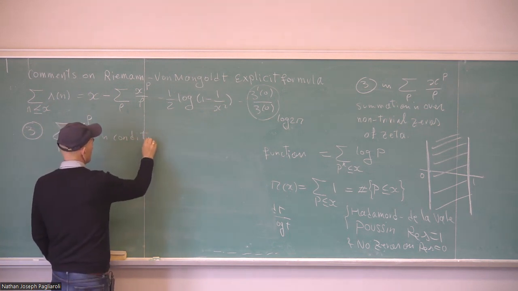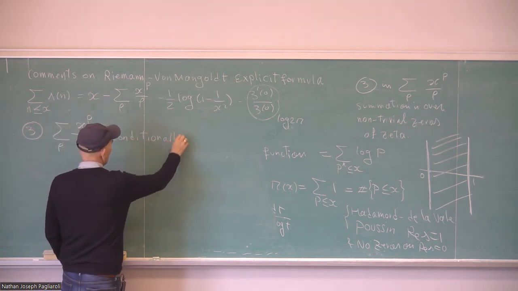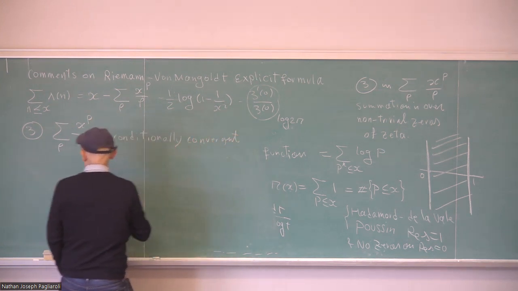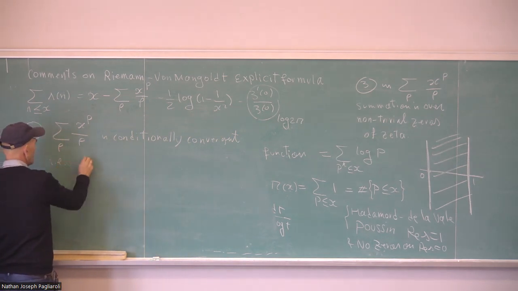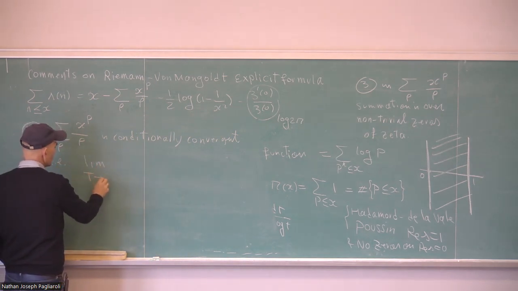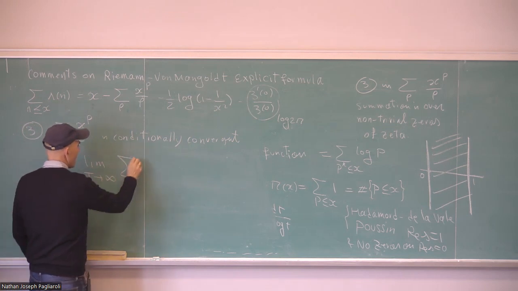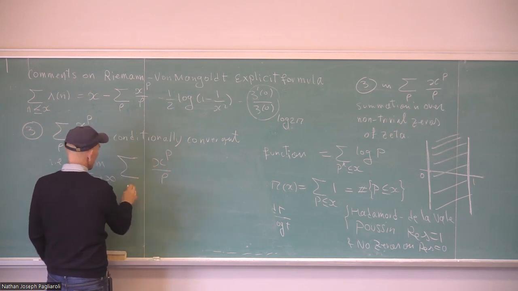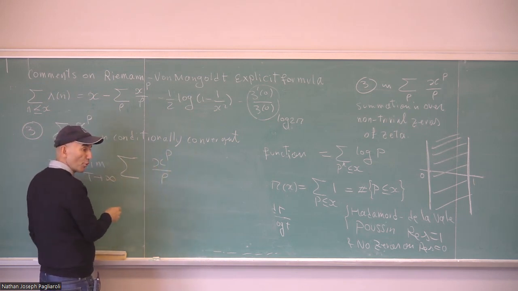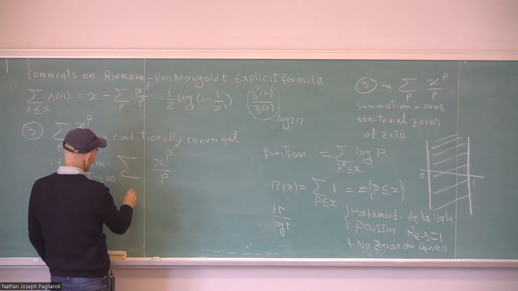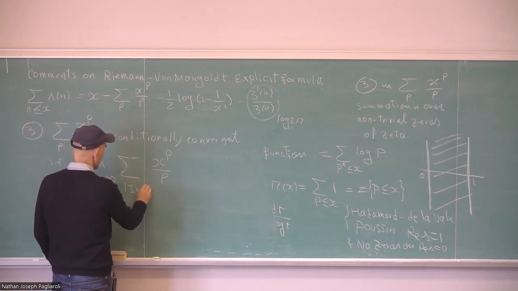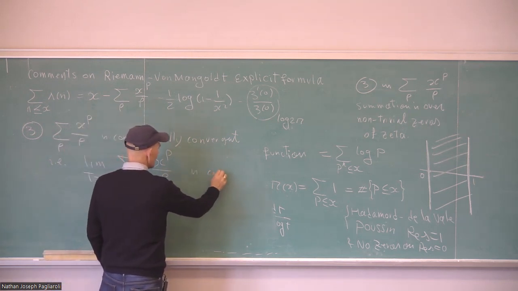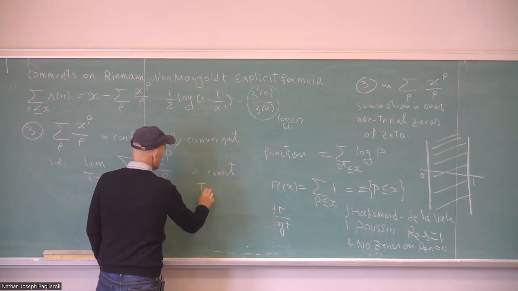It's conditionally convergent in the sense that the limit as T goes to infinity of the sum of x^rho over rho, where the absolute value of the imaginary part of rho is less than T, converges.